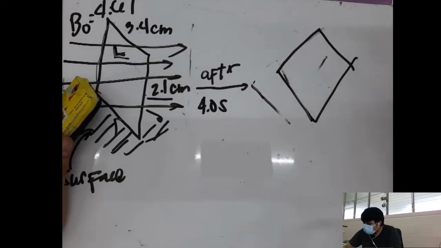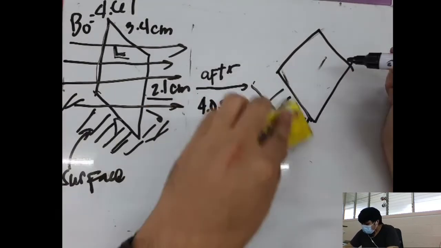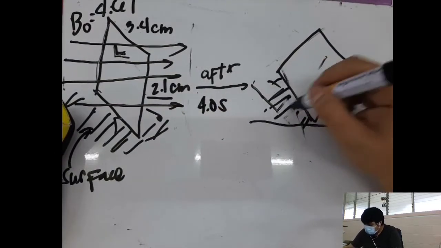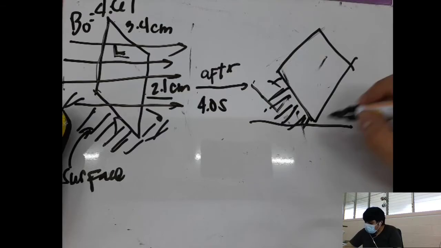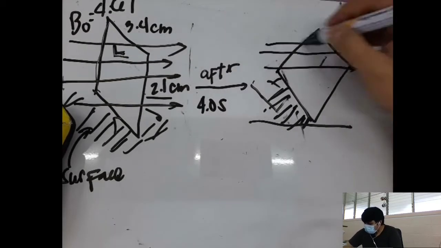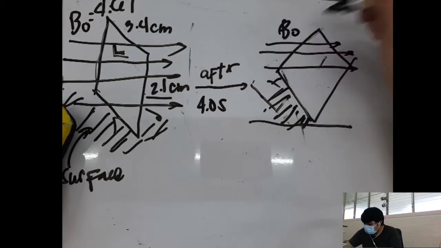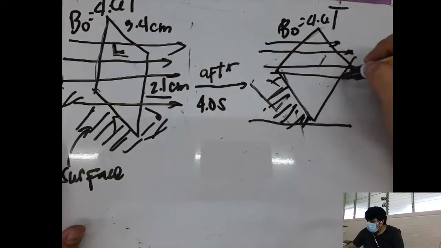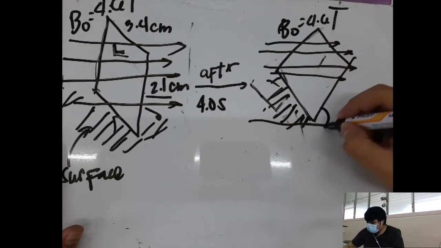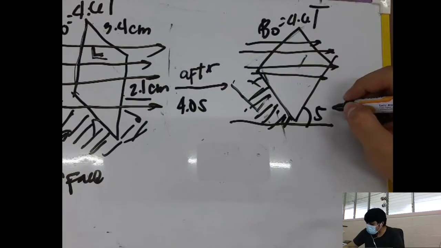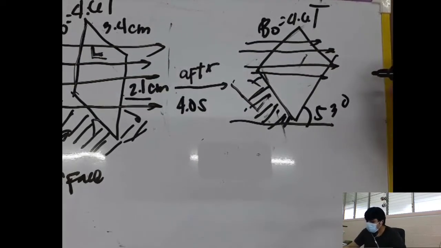So let's say this is our surface, and we can show that it's tilted along the surface at an angle of 53 degrees, okay?